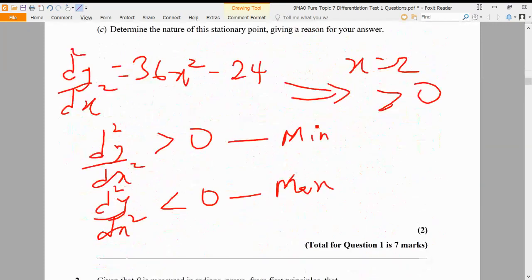So by the time you substitute that, you will get in coordinate form, coordinate 2, comma, whatever answer you get there, let me say A. You can do that calculation and then you tell us what it is. But this question only says determine the nature of this stationary point. It is enough for you to say if your d2y dx squared is greater than 0, like we can see, to tell the examiner that it is indeed a minimum point.